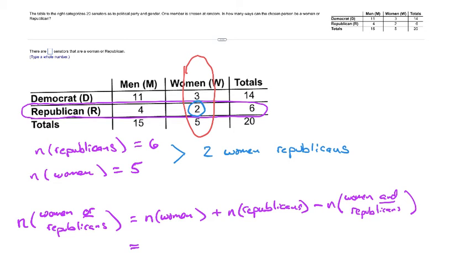And so this gives us 5 plus 6 minus 2, or 9 people who are either women or Republicans.